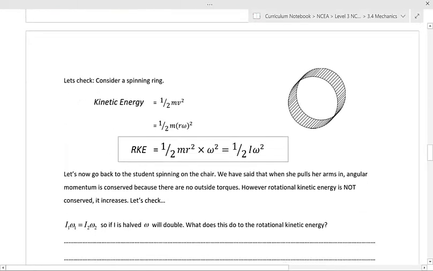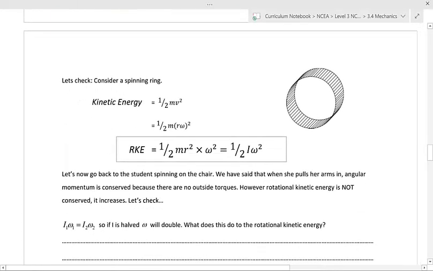Here's a quick demonstration that that's the case for a spinning ring. The kinetic energy of all the little bits of mass in this ring is half mv squared, but v, remember, is r omega.